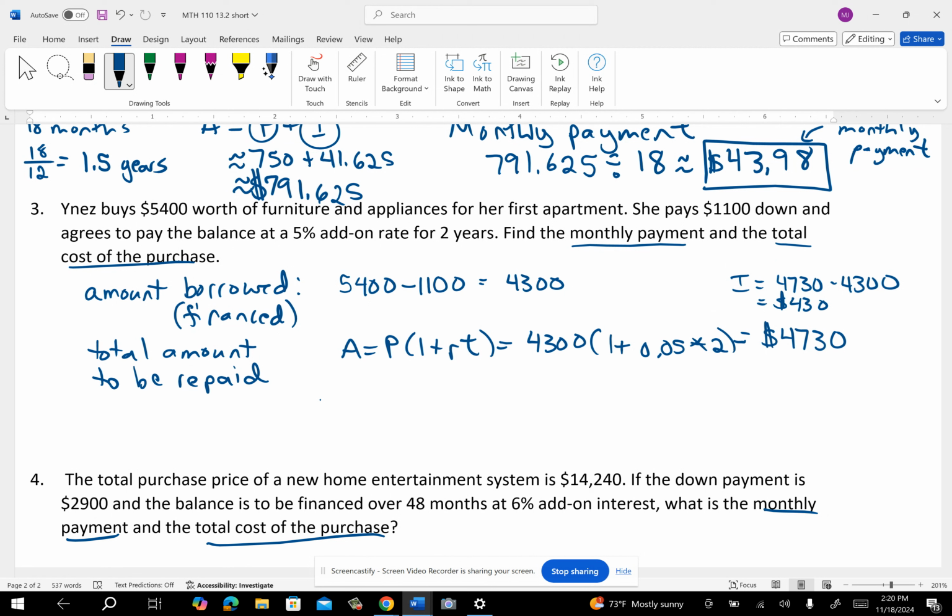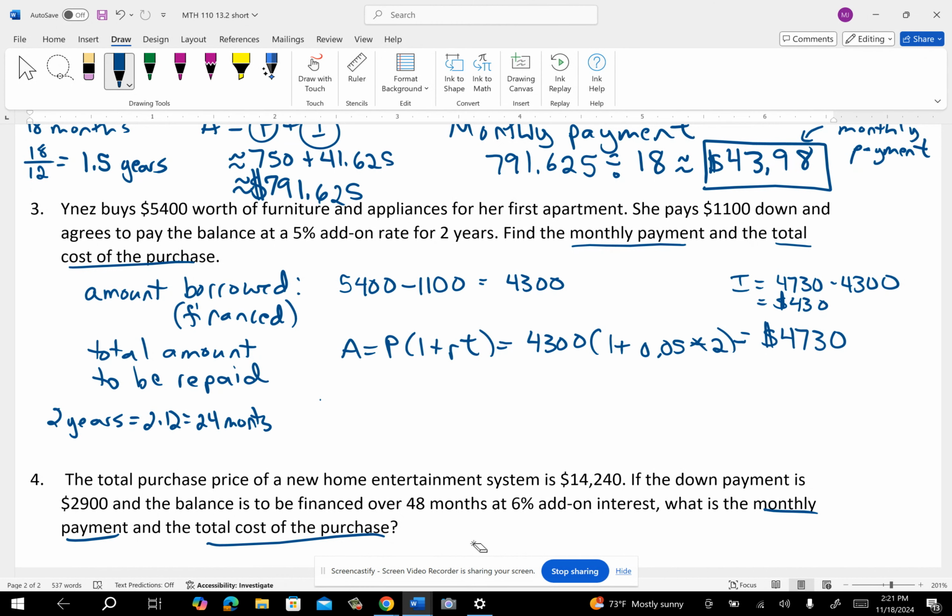The reason I needed the total amount to be repaid is that I'm going to cut it into equal payments. I'm going to pay the same thing every month for 2 years. To get my monthly payment, I have to remember that 2 years equals 24 months.